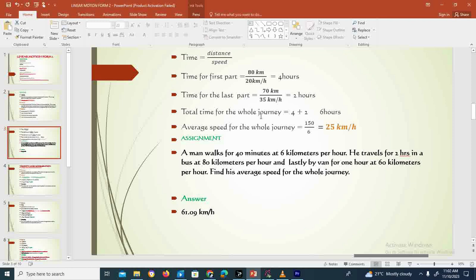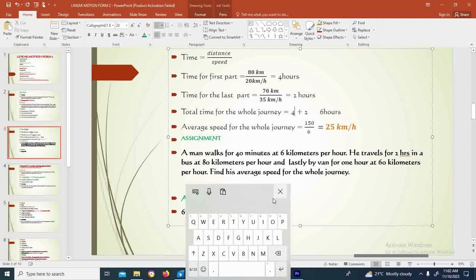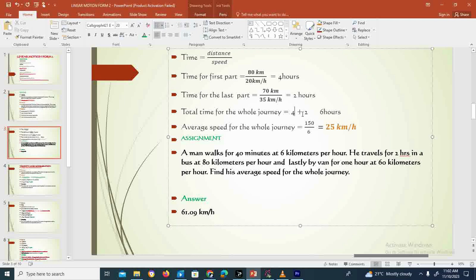So total time for the whole journey will be the time for the first section plus the time for the last section, which gives us 6 hours. So the average speed for the whole journey is the total distance, 150 kilometers, divided by the total time, 6 hours, and that gives us an average speed of 25 kilometers per hour.